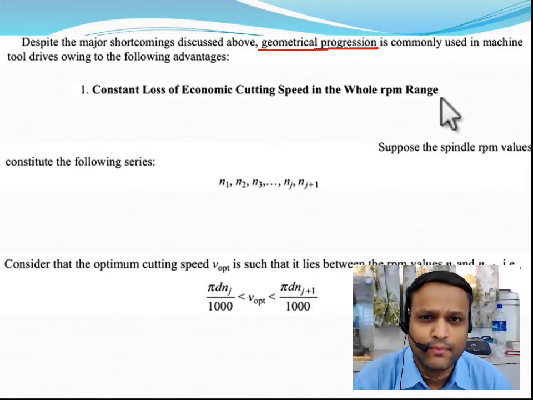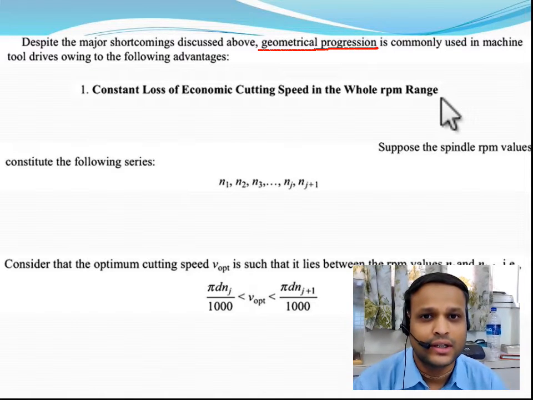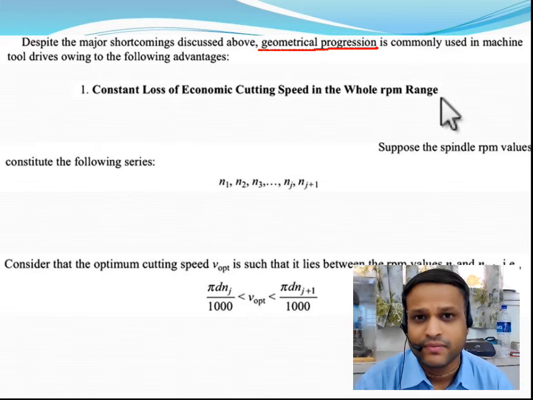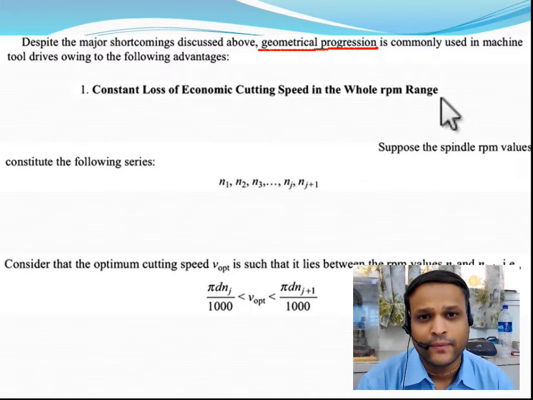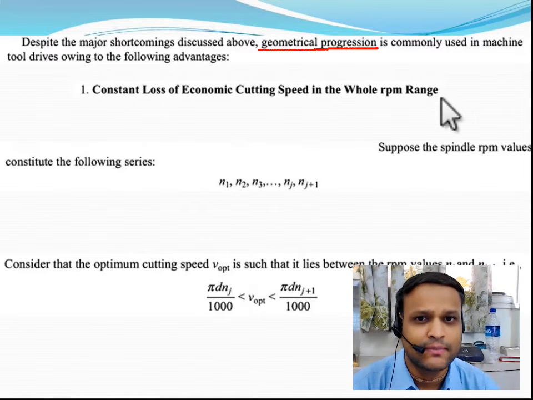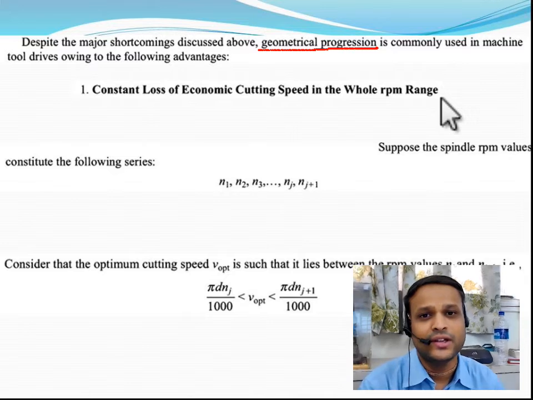Now, one of the most important things in industry is repeatability. You want to make a product, and it has to be repeatable no matter at which RPM range it is produced. So it is desired that even if there is any deviation from ideal cutting speed, that deviation should remain constant no matter which speed range you choose.